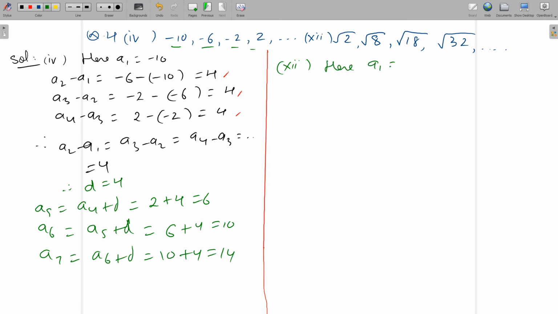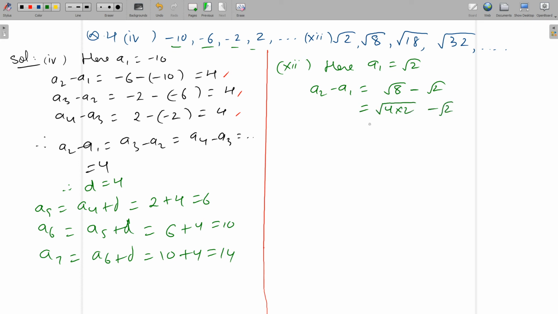Here a1 equal to root 2. Now we will find the difference. So a2 minus a1 equal to root 8 minus root 2. Do not write root 6. Root 8 minus root 2 is not root 6. You have to simplify this root 8. Root 8 can be written as square root of 4 into 2, minus root 2.